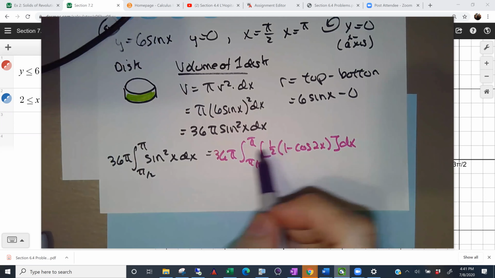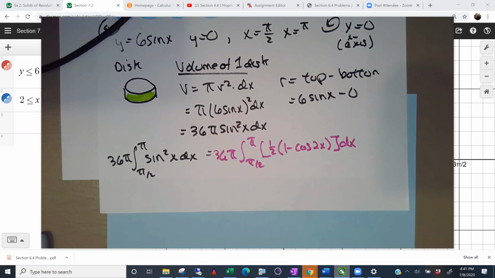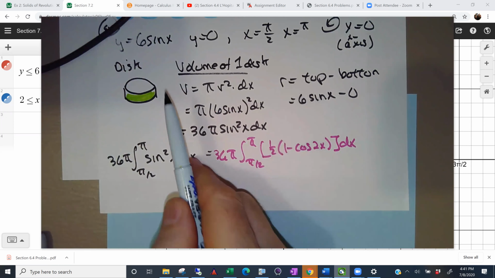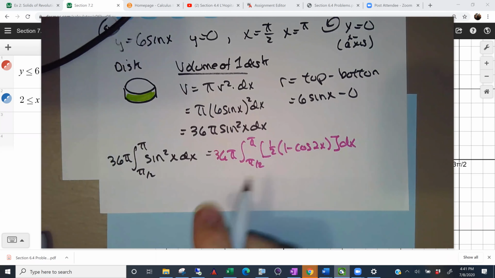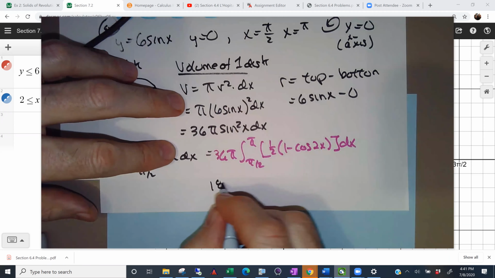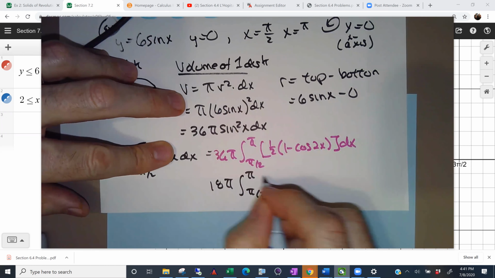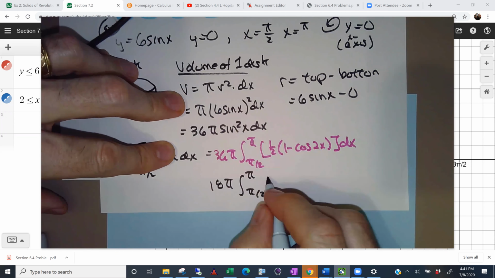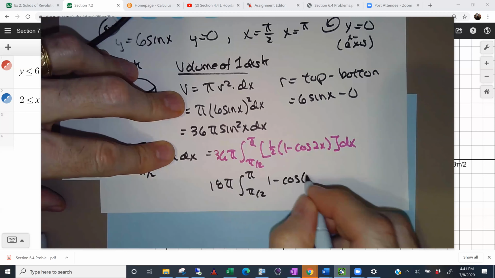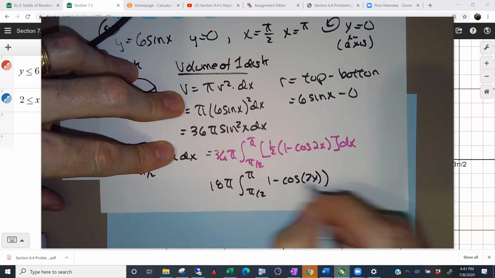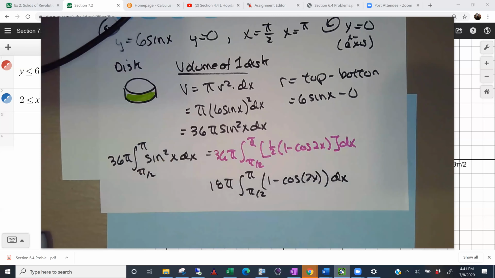And the 1/2 and the 36 will cancel. So I'll bring that out and I'll have 18 pi times the integral from pi over 2 to pi of 1 minus cosine of 2x dx.